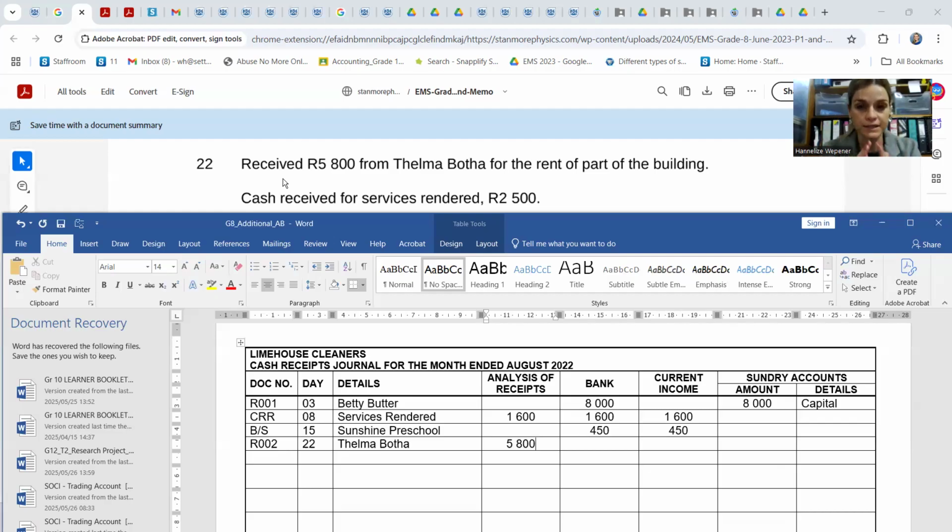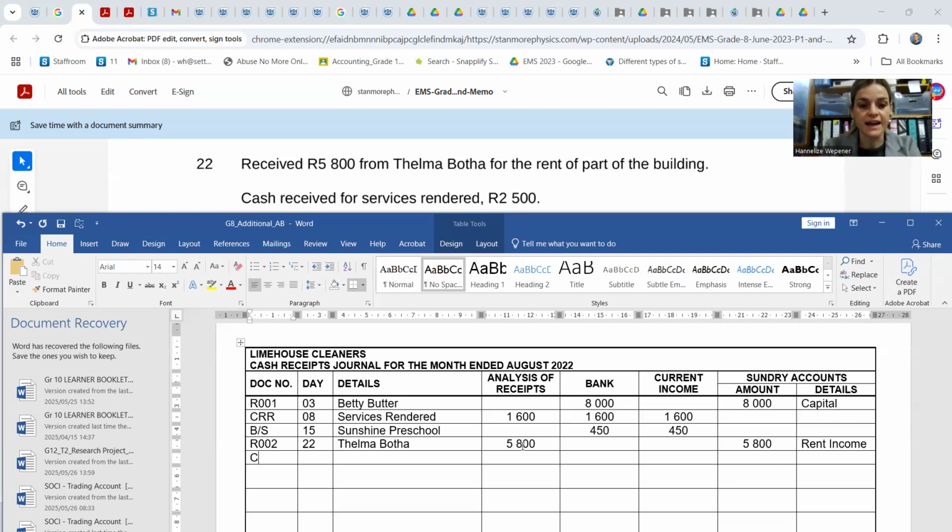I'm going to deposit the full amount into my bank account. Therefore, I will also show that as one amount in bank. But for now, the 5,800 received at my business premises was not for services rendered. It was for something else, and that something else is rent income.